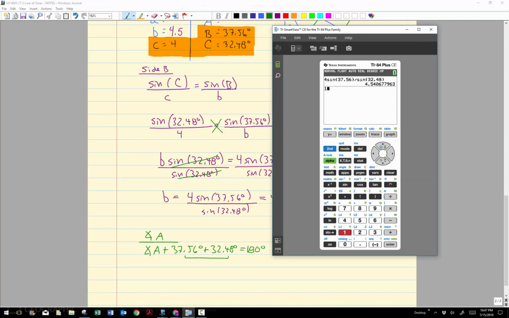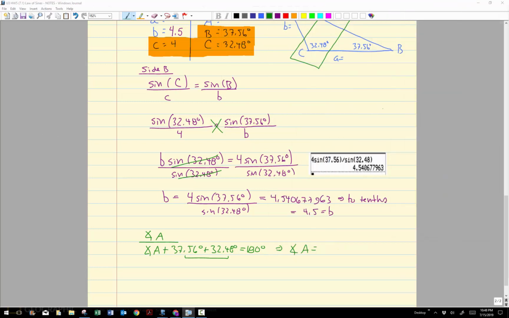So I'll have 180 minus 37.56 minus 32.48. So that's 109.96. So angle A is 109.96.